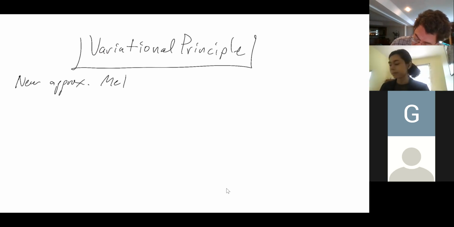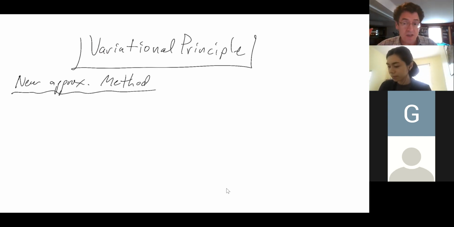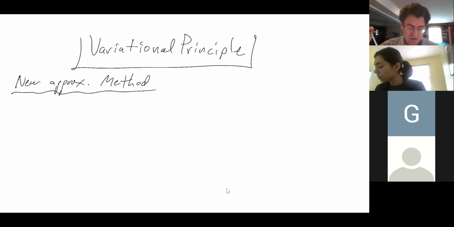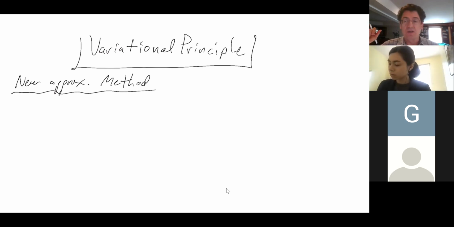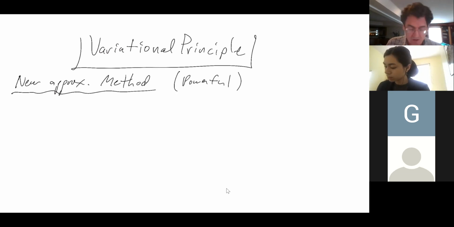And I would say that it's not as important as perturbation theory. It's not used as widely as perturbation theory, but it is still very, very important, and it's used a lot. So it's really useful to learn. It's very powerful. More powerful than you would expect once you learn it.